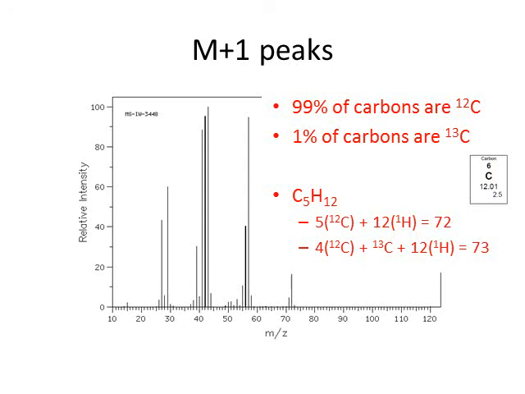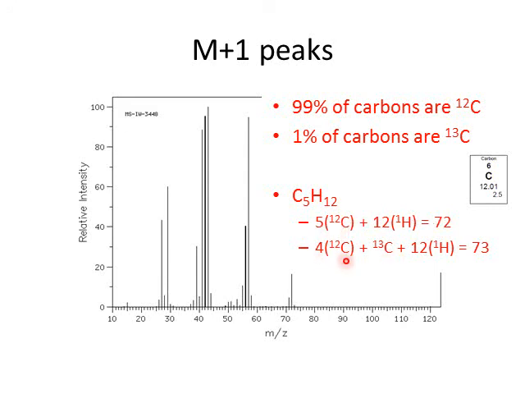But when we're looking at mass spec, we're seeing blips not for collections of molecules, but for individual molecules. And if my carbons weigh 12 and my hydrogens weigh 1, I'll get a molecule of mass 72. But that happens 99% of the time. But 1% of the time, a carbon will weigh 13.